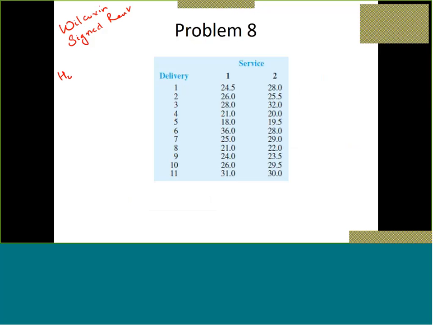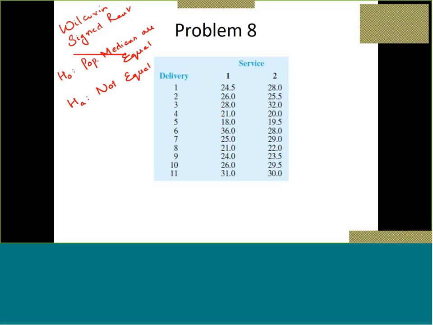So H naught is population medians are equal. HA is they are not equal. So what is the process?